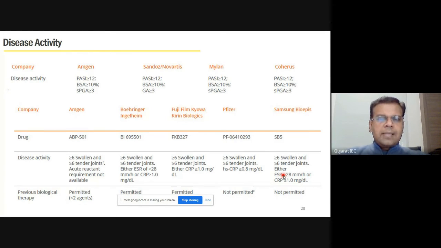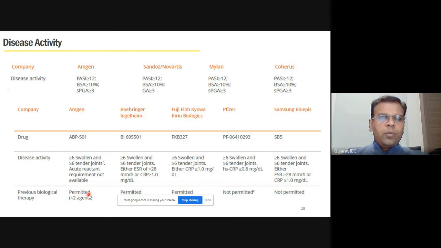Now, how this affects is, if you are permitting previously exposed biologics, then if you go to countries like US, Europe, Japan, and Canada, patients have already been getting biologics treatment, so you may get patients who have already been treated. But then there are certain countries where the biologics are not available.